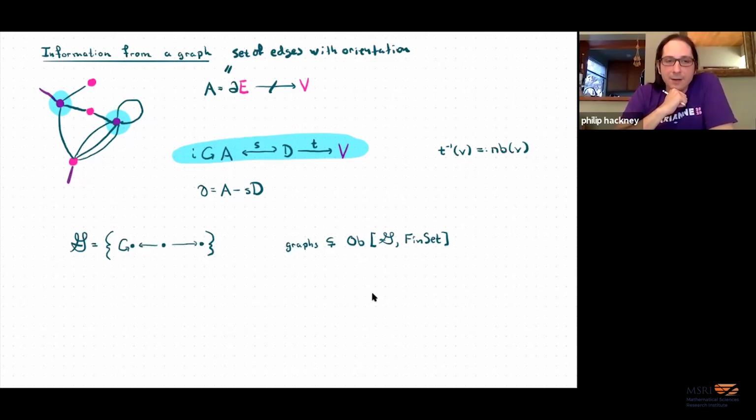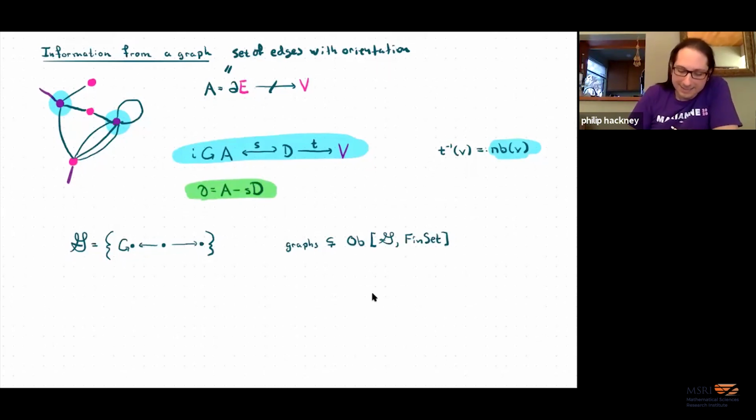And D are exactly the oriented edges that point towards a vertex. And T tells us which vertex they point towards. And so I can recover these neighborhoods that I've drawn as pre-images of a vertex. I can also recover the boundary of the graph as exactly those oriented edges that don't point towards any vertex.